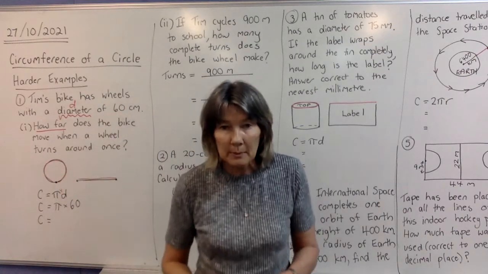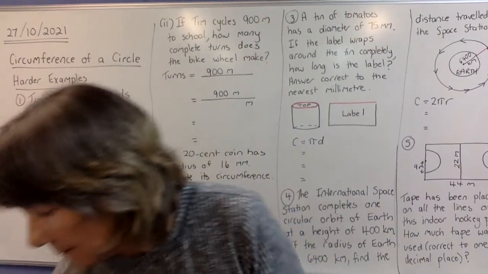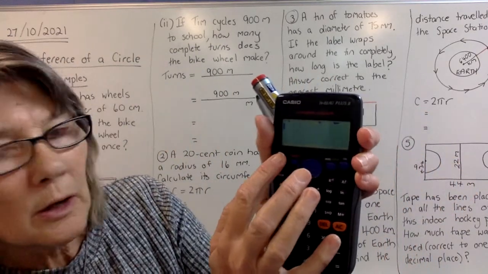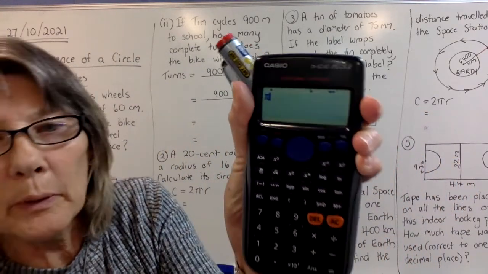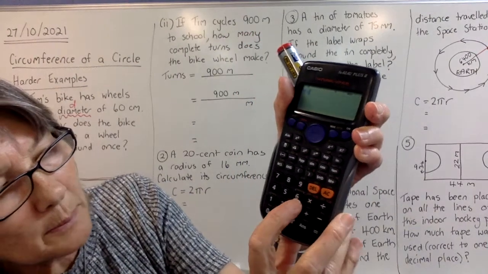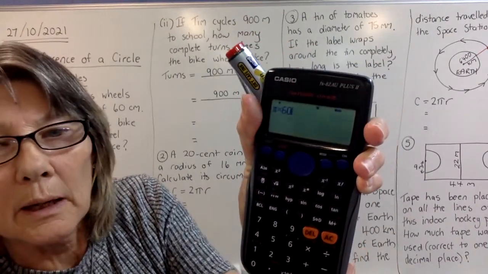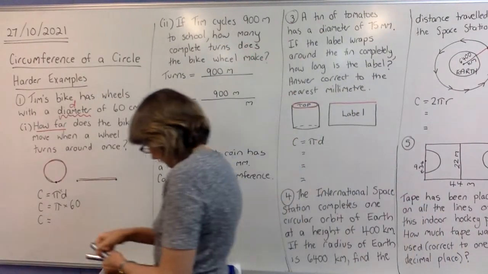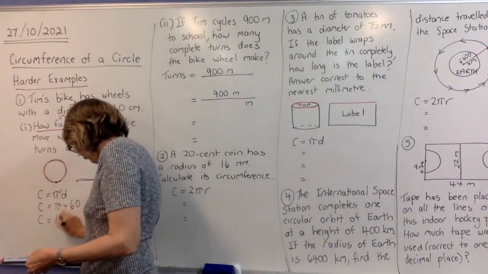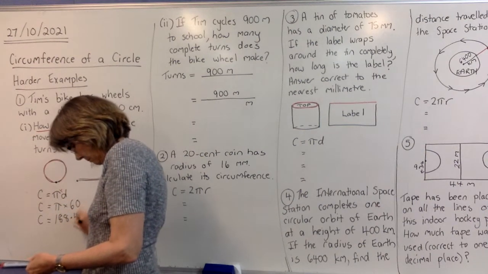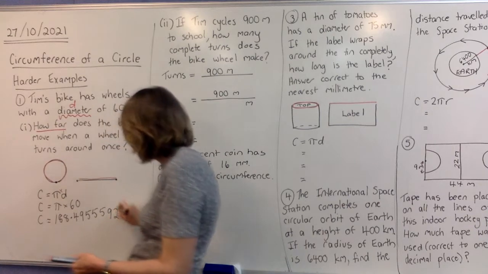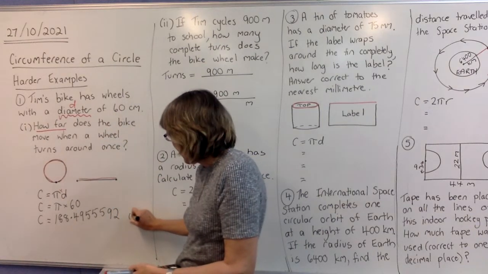So it's pi times 60. Let's see what we get. All right, so we're doing shift pi, we know where that is now, times 60 equals, and we write all of that down. And we write centimetres on the end.